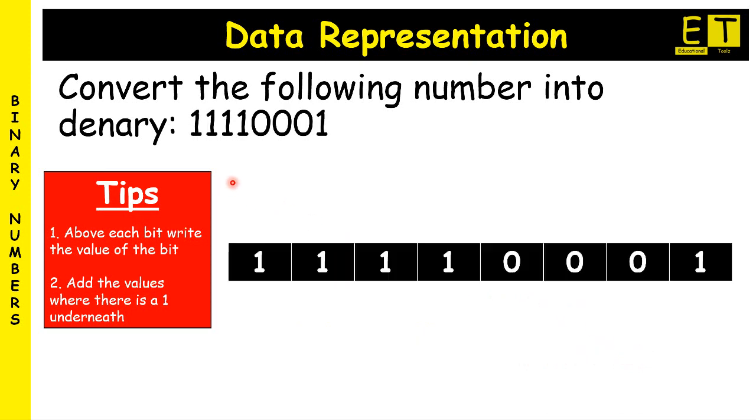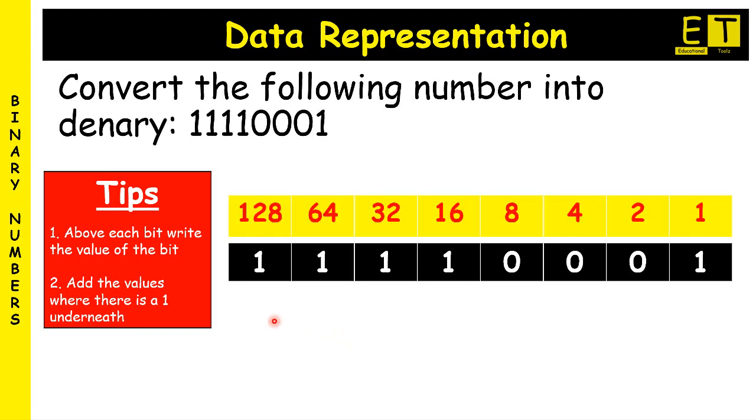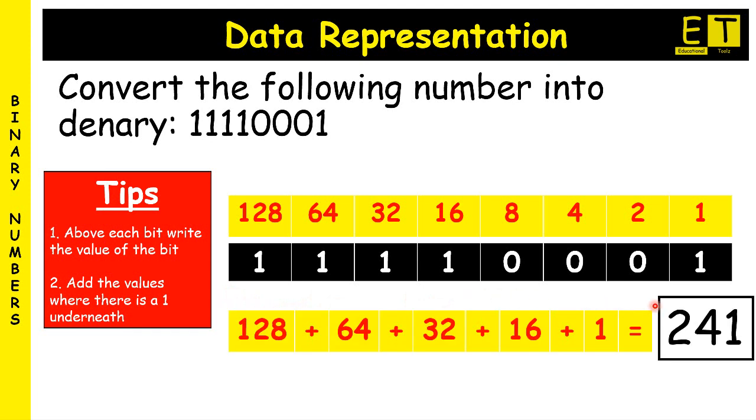Here again, convert the following number 11110001 into denary. Let's add the values and let's do the addition. 128 plus 64 plus 32 plus 16 plus 1, which is 241.